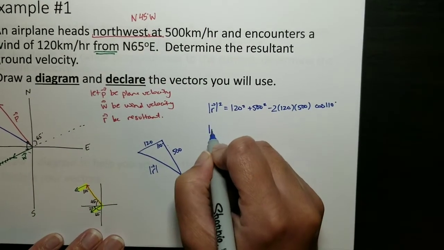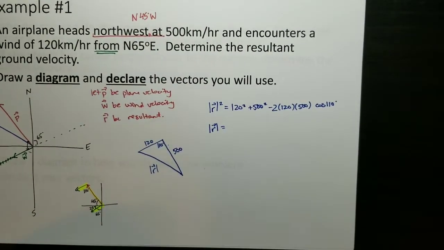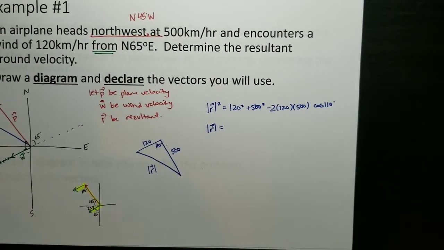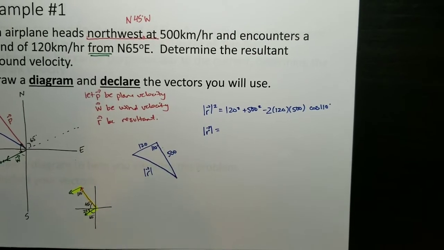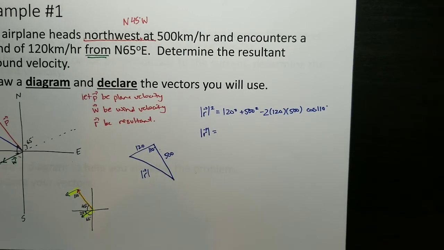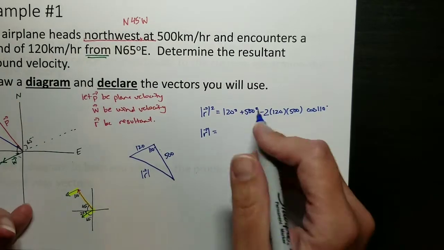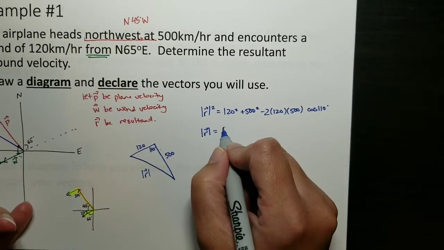So again, I don't need to see a lot of work. I need to pull out my calculator though. This is not a do it in your head one. So when I do all of that, make sure that you get a reasonable number.